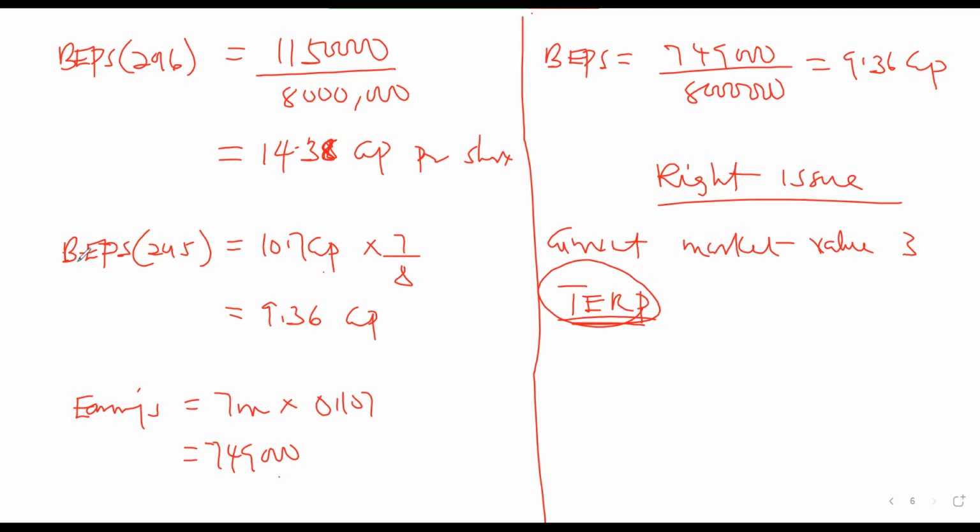We want to know the right issue fraction so that we can calculate the bonus element. So the right issue fraction is calculated as the cum-rights price, which is the price before the right issue, divided by the theoretical ex-right price.